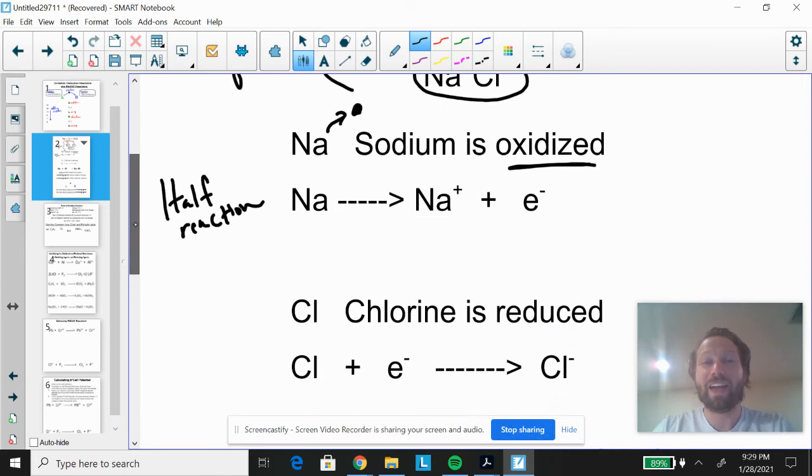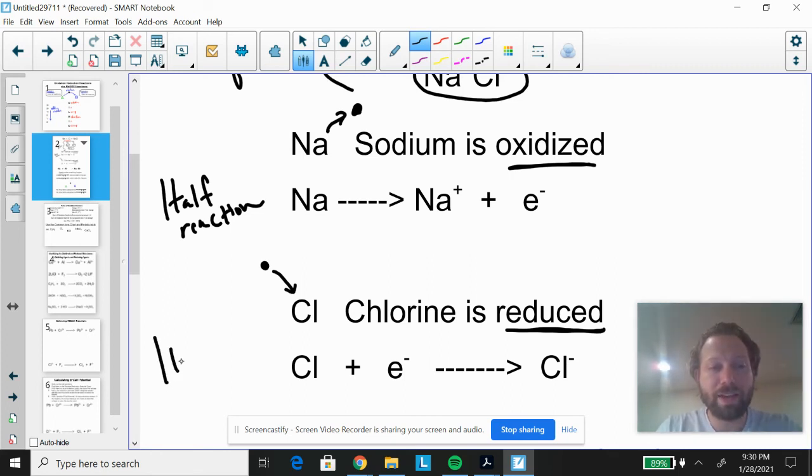Now, we can't have only half of the reaction. We have to have both. Remember, we can't have a redox reaction without both oxidation and reduction. And so chlorine is the substance that's accepting or gaining the electron from sodium. So it is being reduced. So how do we write that? Well, chlorine, Cl, plus e-, which is representing the electron that it's gaining, becomes Cl- because it added that electron.